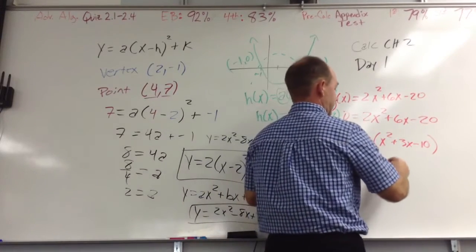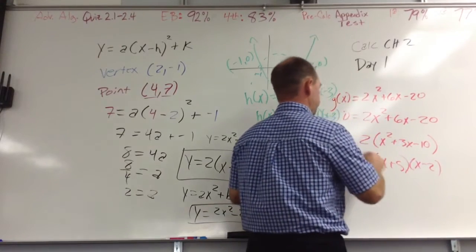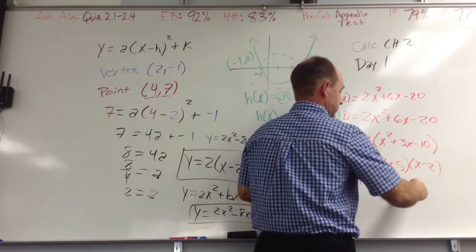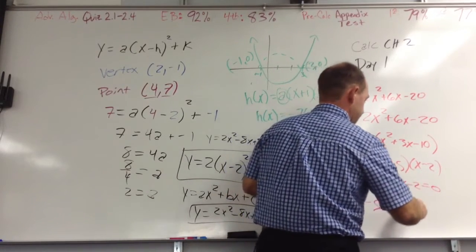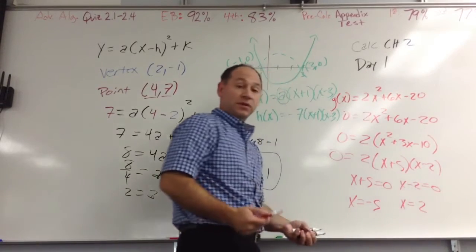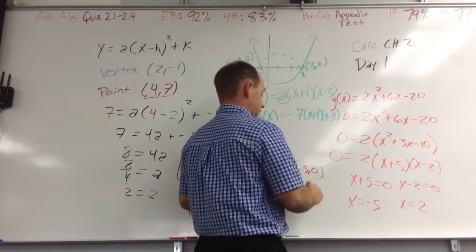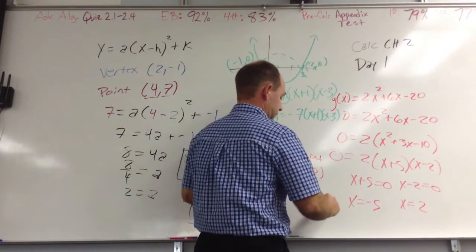I think I can factor that to x plus 5 and x minus 2. And here's my quantities there. That happens when x plus 5 is 0 or x minus 2 is 0. So that's when x is negative 5. And that's when x is 2. So our intercepts are at negative 5, 0. They're x-intercepts, right? And at 2, 0.